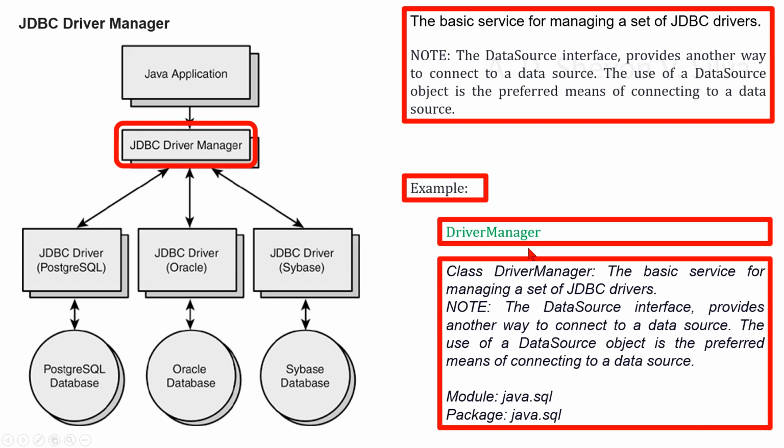As part of the initialization, the DriverManager class will attempt to load available JDBC drivers by using, point 1, the jdbc.drivers system property, which contains a colon separated list of fully qualified class names of JDBC drivers.